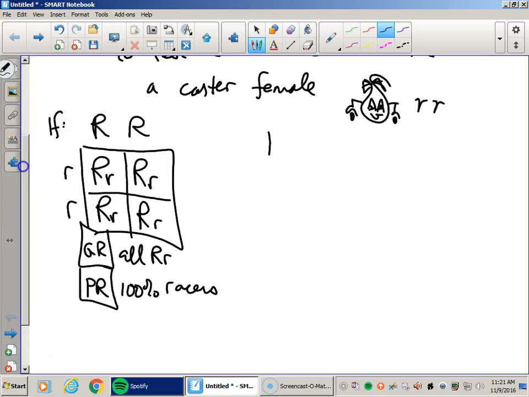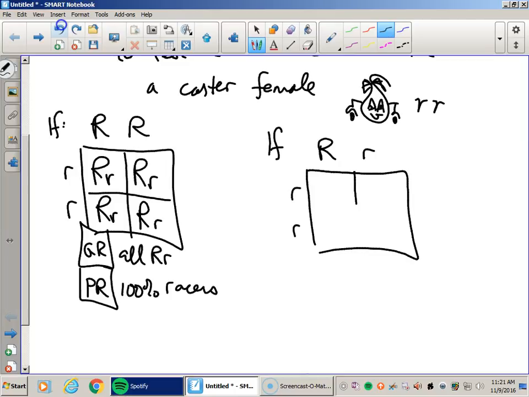Okay. If he's heterozygous, I'll just build it right into the cross immediately. So big R, little r, big R, little r, little r, little r. Okay. Our genotypic ratio.